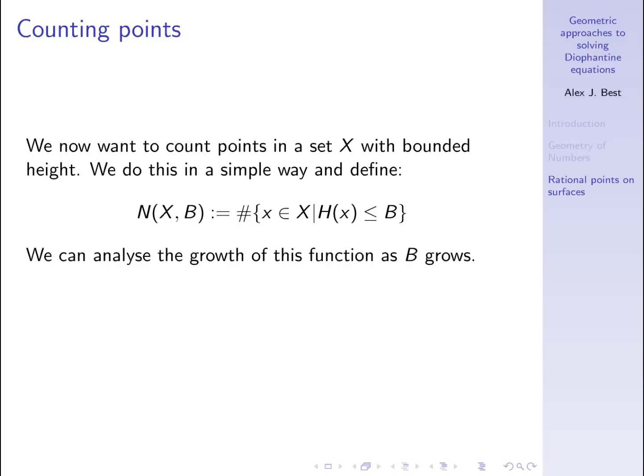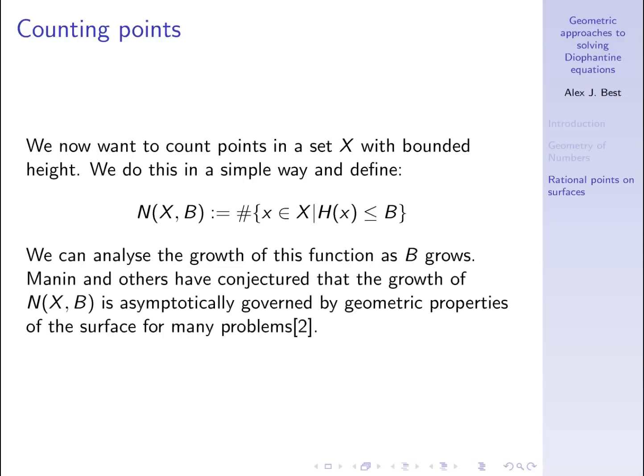Now, there are very deep conjectures by Manin and others about the asymptotic growth of N(X, B), and they state that it's governed by the geometric properties of the surface for a good number of problems.